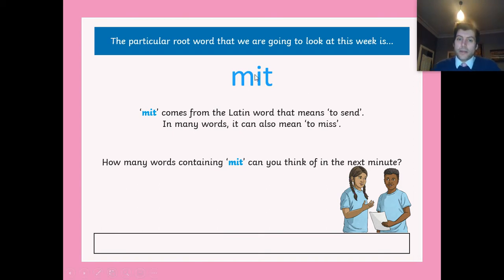See if you can spend a minute thinking as many words as you can that contain MIT. Off you go. So just 1 minute to think of all those words which contain MIT.